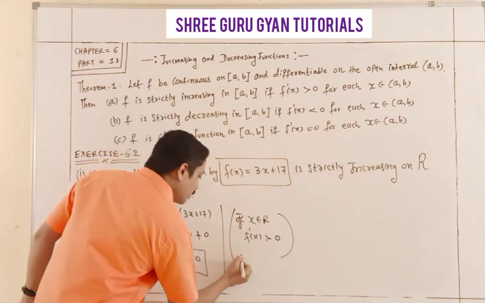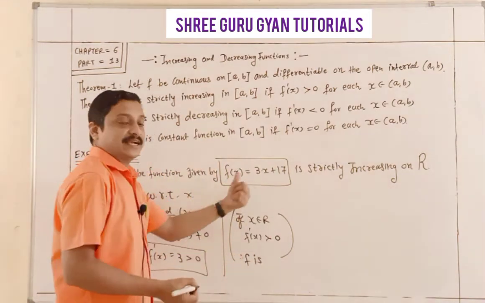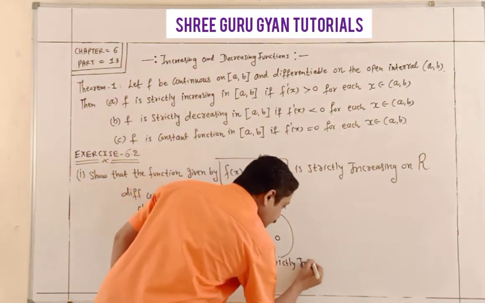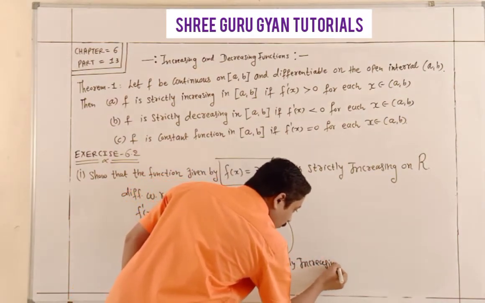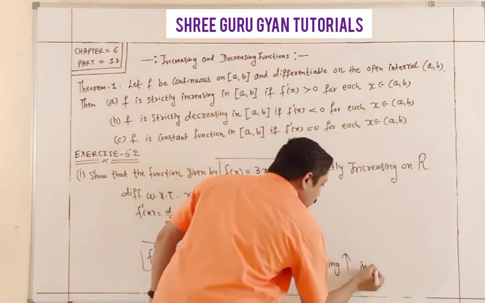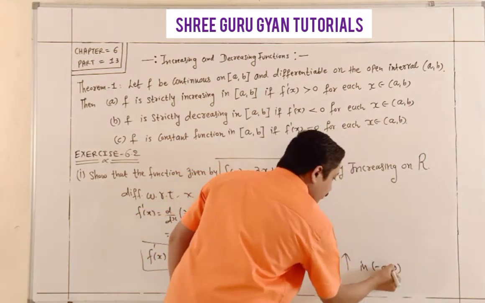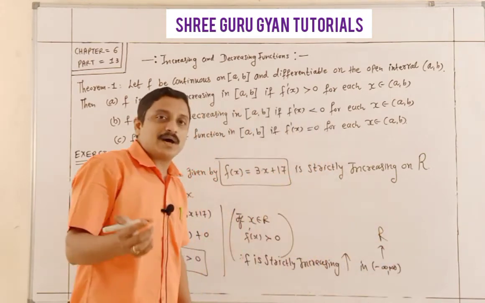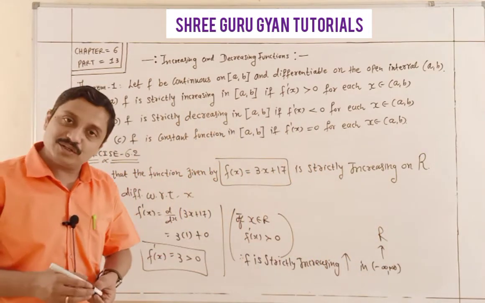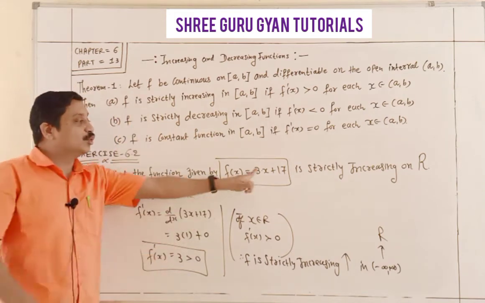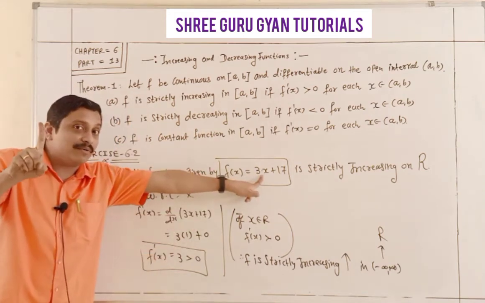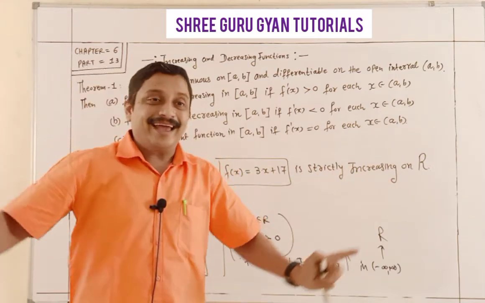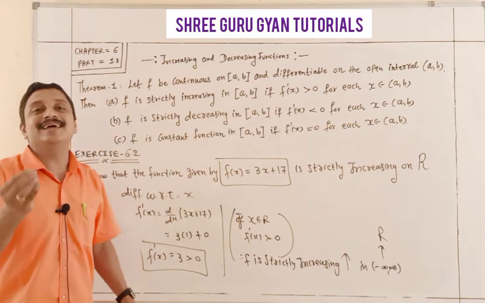Therefore, f is strictly increasing in minus infinity to infinity, or you can say R. Both are true. And here students, it is a first power, a line. A line is also increasing in that way, and that's your proof, easily done.